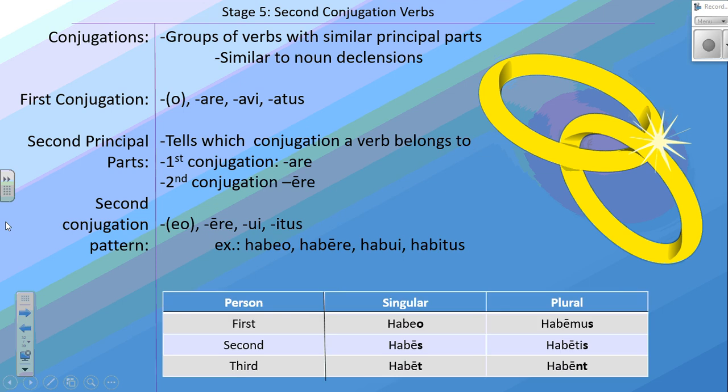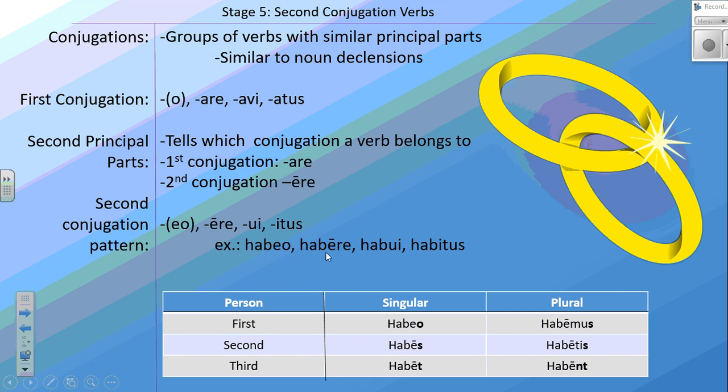So the rule for PAI verbs, as you all know, is go to the second principal part, drop the RE, add the endings, which are o or m, s and t, mus, tis, nt. And you also know that the first person singular form in PAI is just the first principal part. So if we're conjugating, putting through the forms, habeo, we start with the first person singular, habeo.